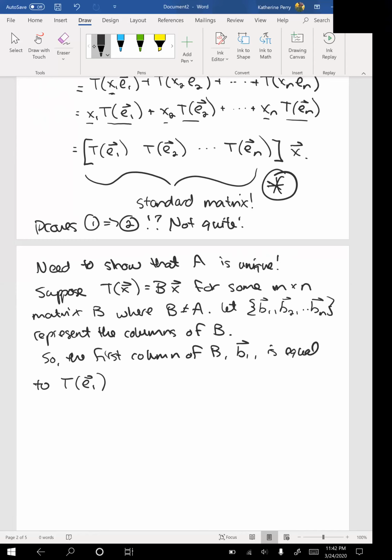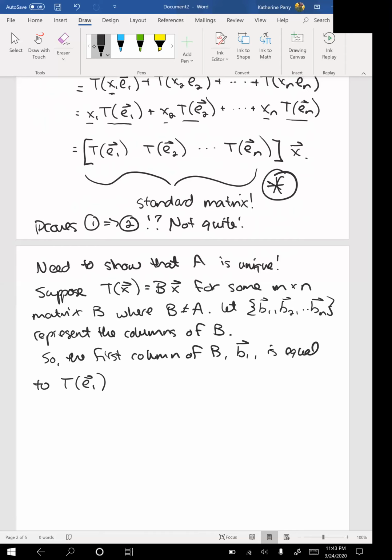Okay. Actually, let me say that a little differently. Sorry, this is totally the spot where I would end this, or I would have started this video over, but it's already gone on so long. Okay, this is what we want to show. I'm going to claim that B1 is actually equal to this T of E1, but let me actually prove that.